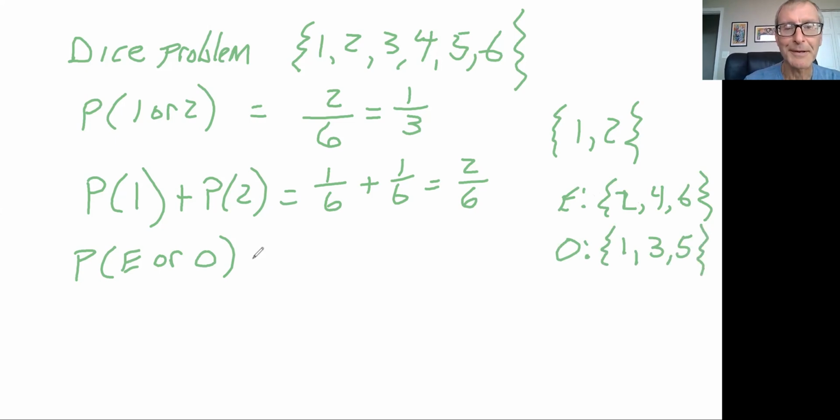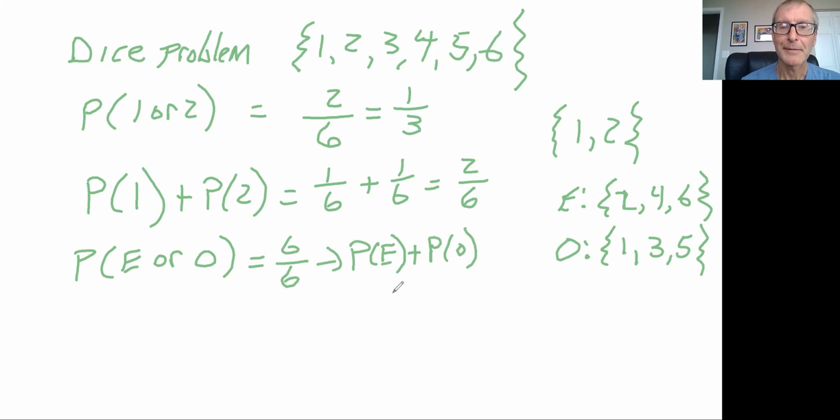So you put that together, that would be 6/6. Or if we use our new addition rule, probability of even plus the probability of odd, that would be 3/6 plus 3/6. And you can see that we get 6/6, which is a 1.